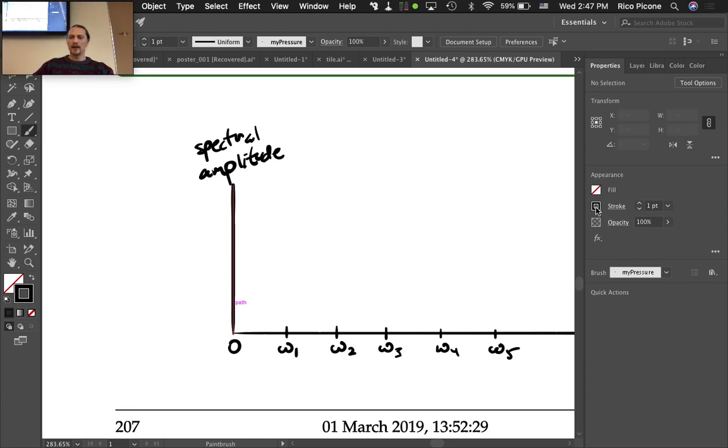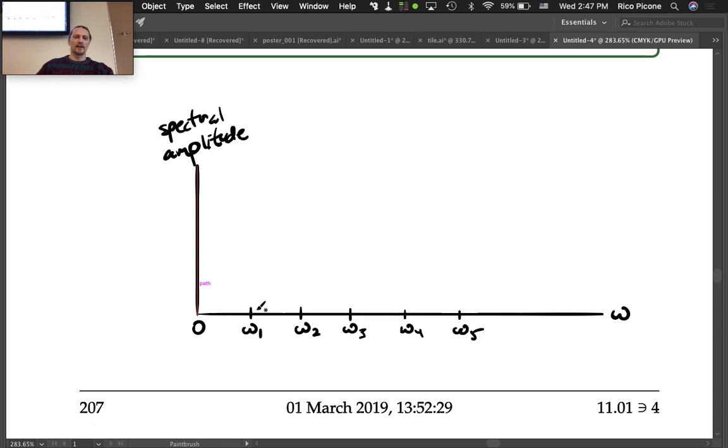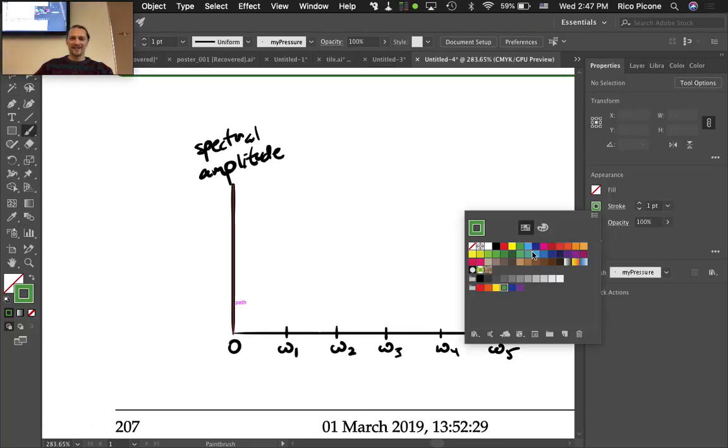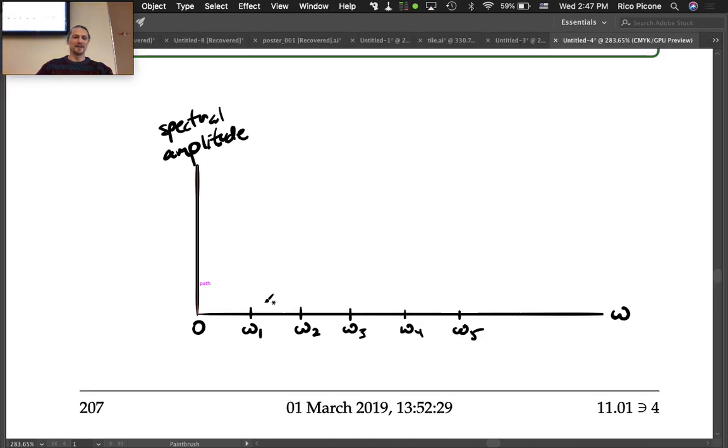And let's go ahead and get a nice color. Oh, you want teal? I'll go with that one. I really like that blue.